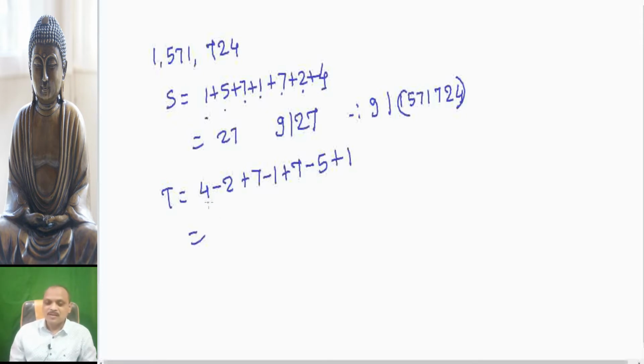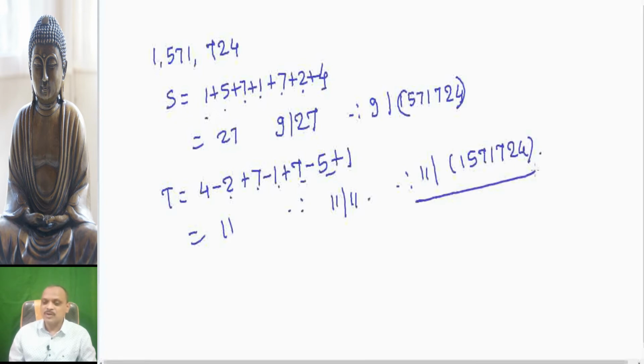Then look at this: 2 plus 7 is 9, 9 minus 1 is 8, 8 plus 7 is 15, 15 minus 5 is 10, 10 plus 1 is 11, and 11 is a divisor of 11, and therefore 11 is also a divisor of 1571724. So we get this.